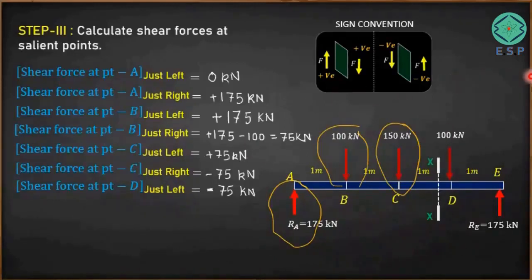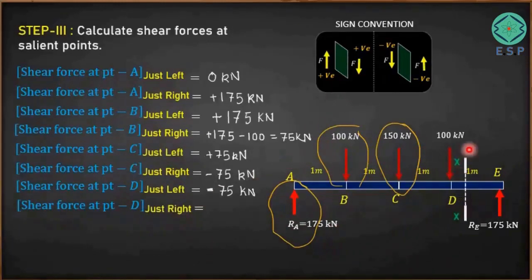So now we'll move this reference plane just right of the point D, and that is called the shear force at point D just right. It will be something like this. Here, one additional force of minus 100 kilonewton is going to come into the picture.